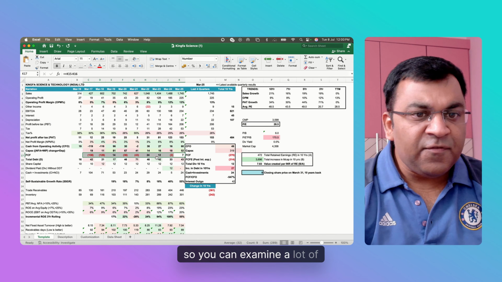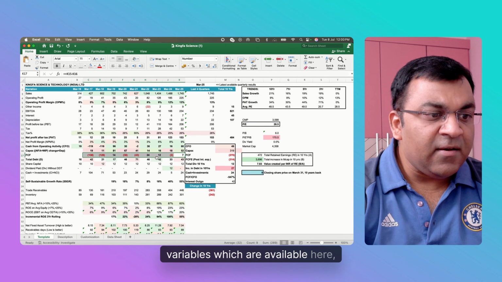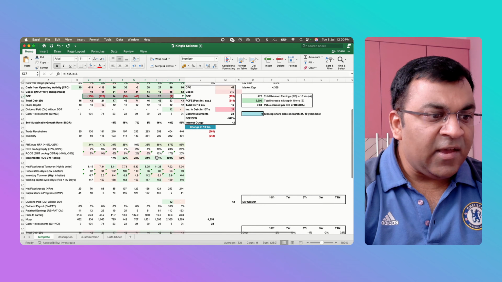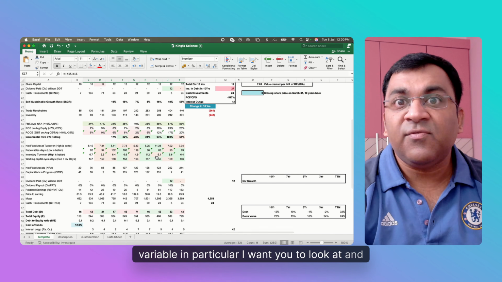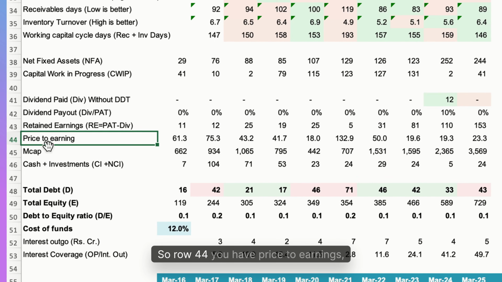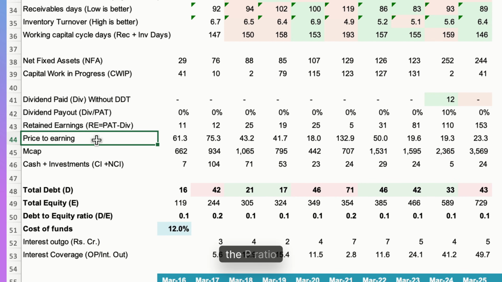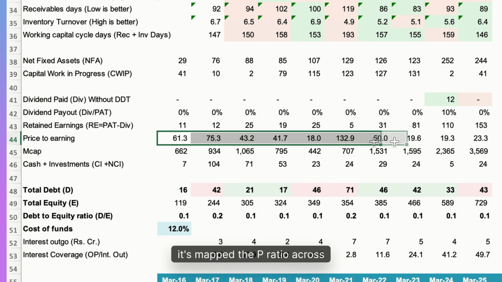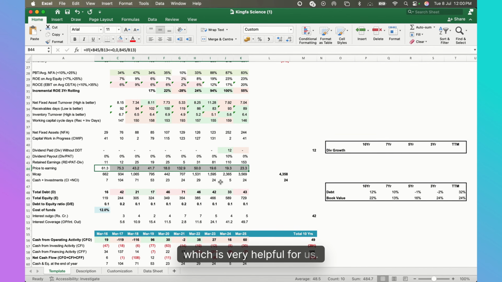So you can examine a lot of variables which are available here, but one variable in particular I want you to look at, and that's very relevant for today's video, is this one. So row 44, you have price to earnings, the P/E ratio. And what this worksheet has done here, it's mapped the P/E ratio across the last 10 years, which is very helpful for us.